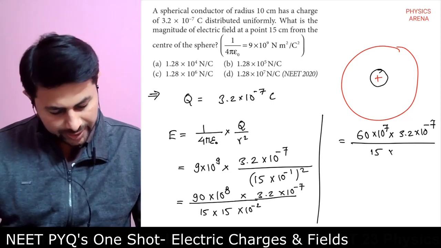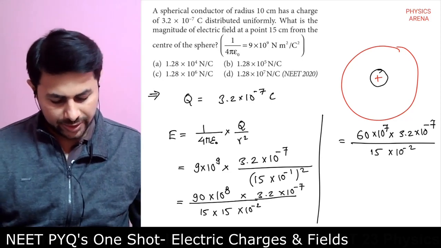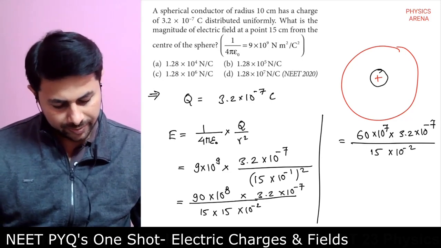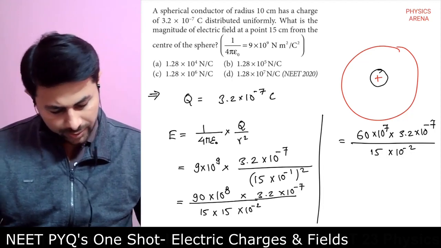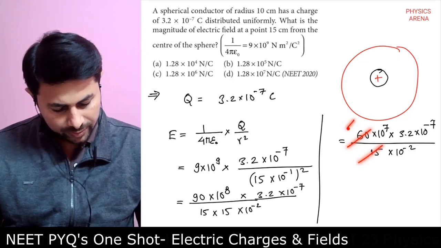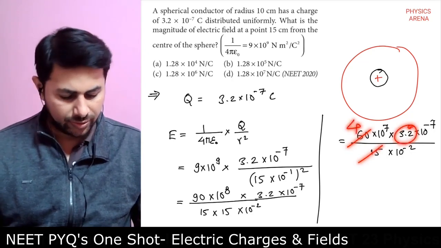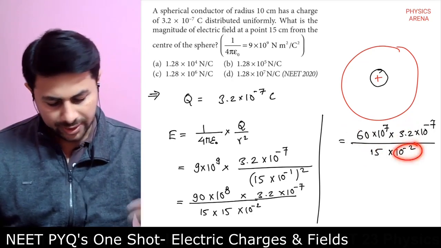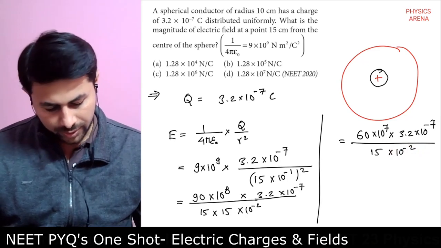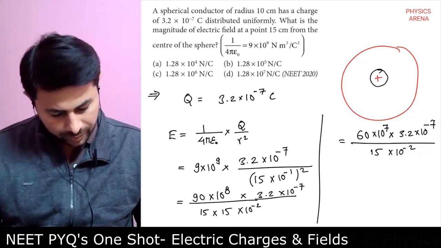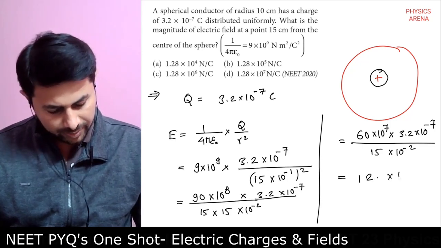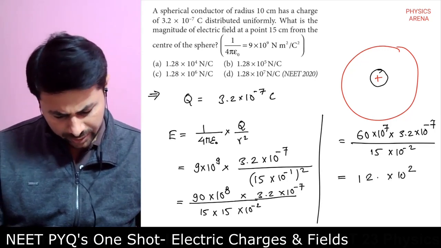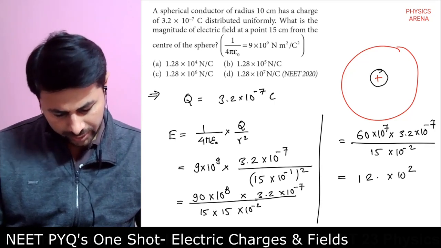Oh, we have got this 10 raised to minus 2 also. We have to take it into the numerator, so it becomes 10 raised to plus 2. So we have 4 times 3.2, that is 12.8 multiplied by 10 raised to 2. So it should be 12 point something multiplied by 10 raised to 2. Am I correct or not?